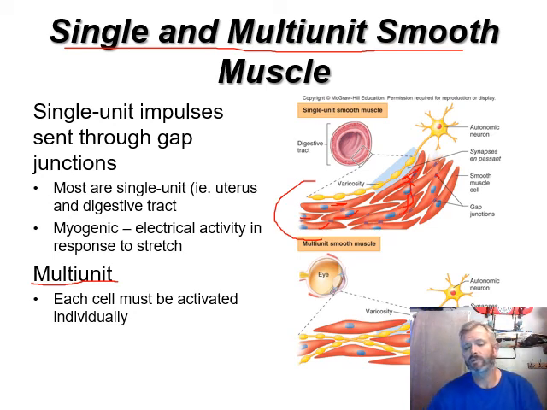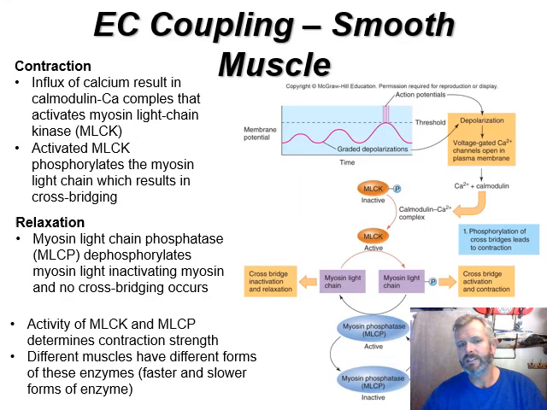So I have to release neurotransmitter near all of the muscle fibers, whereas with the single unit I can just activate these superficial ones, and the depolarization can move through the gap junctions to the remaining.